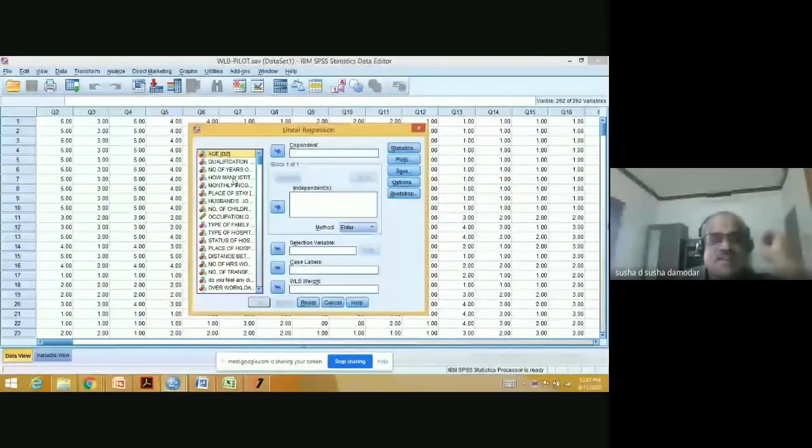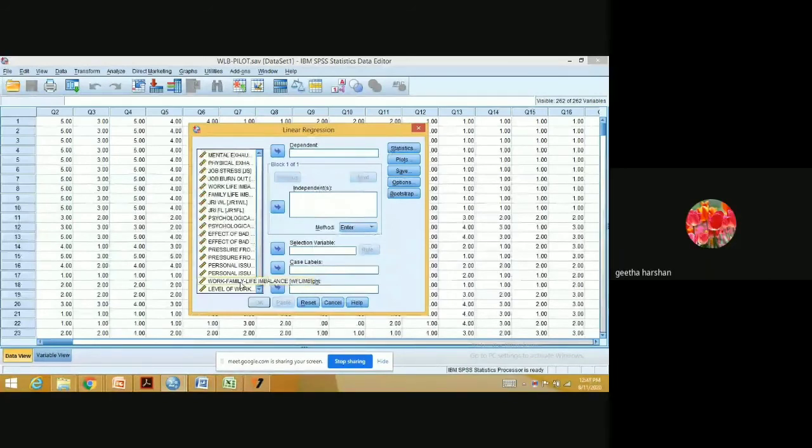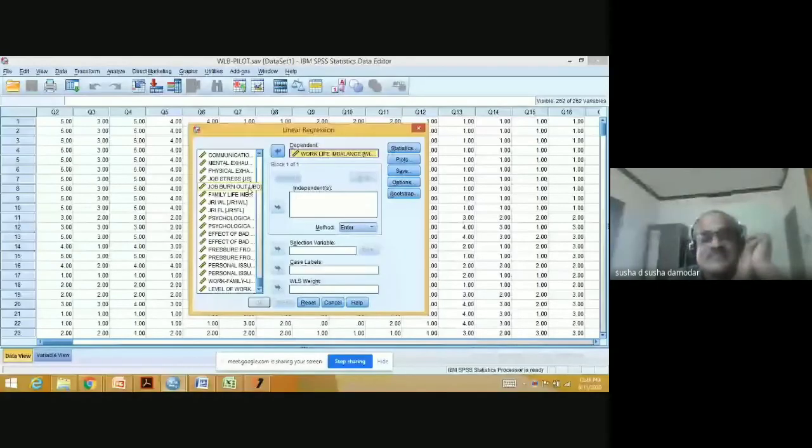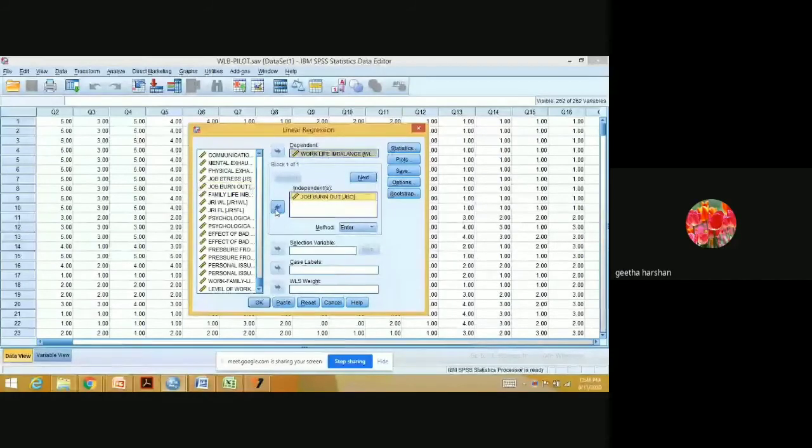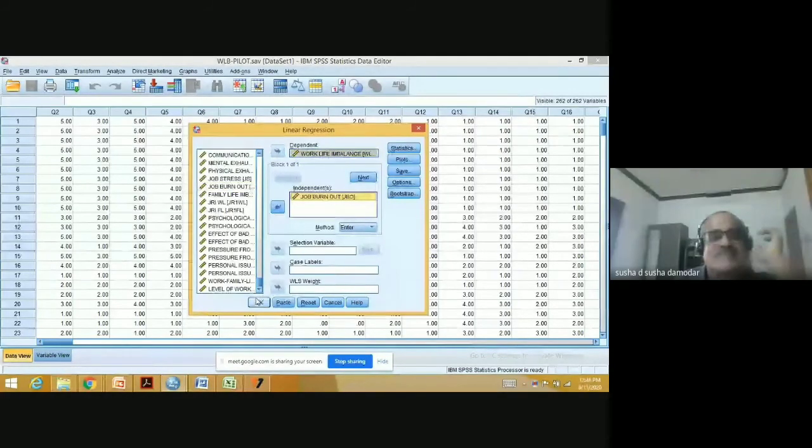What is our dependent variable? Our dependent variable is very simple, work-life imbalance, which is affected by job burnout. So here job burnout is the independent variable, and click simply OK.